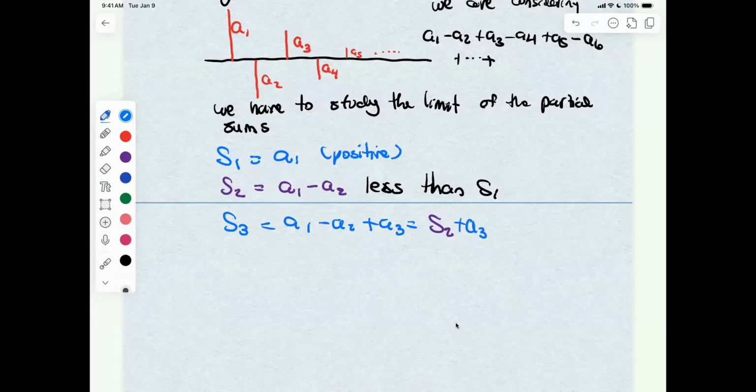So if you look at it from that perspective, this third partial sum is a little bit more than the second one, because now you're adding a positive number, which is what's going on in the diagram. Sorry, this is a bit bigger than S2.